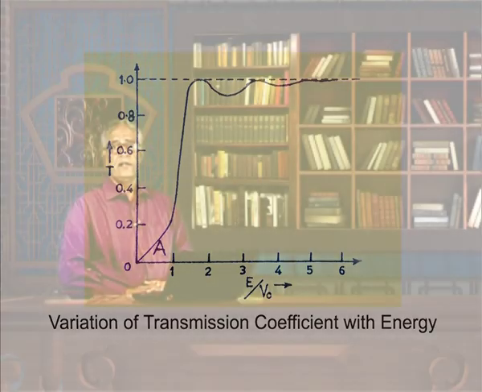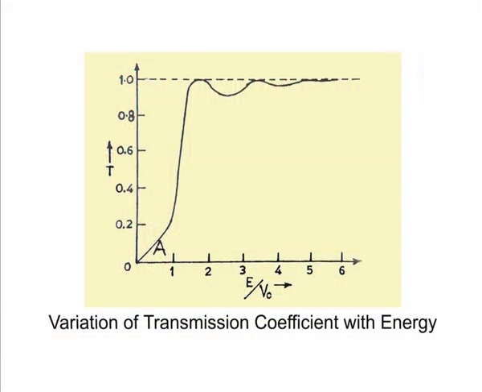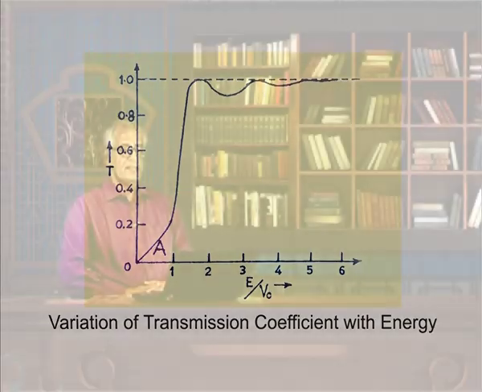But then it brings to the fore a very important difference between classical physics and quantum physics: where we expected T is equal to 0, it was not 0, and where we expected T is equal to 1, it was not equal to 1. This whole variation is depicted in this graph which is before you, which is the T versus E by V0 graph, and this tells the difference between classical physics and quantum physics.